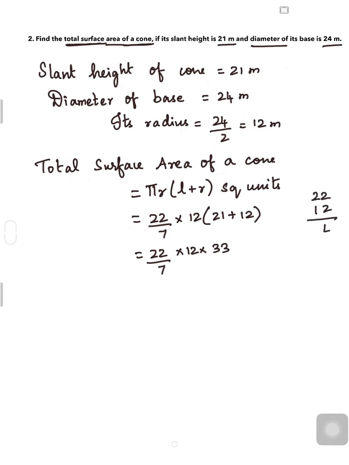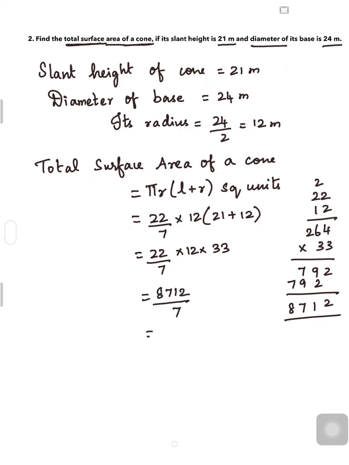22 into 12 is 264, into 33. So, when you multiply, you get 8712 by 7. When you simplify, divide by 7.